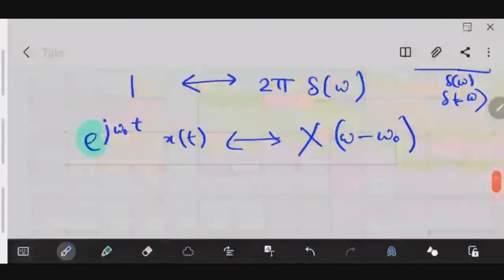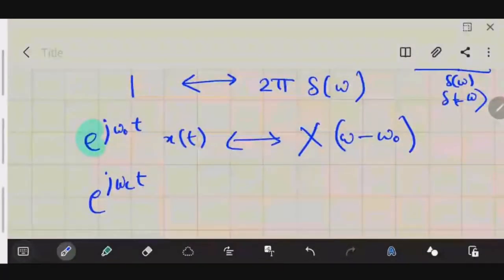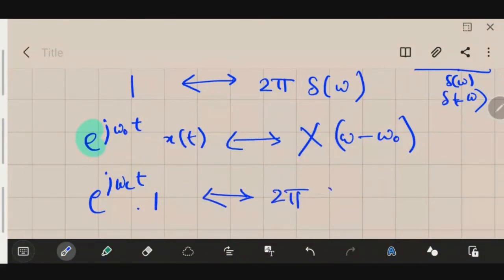So e to the power j omega ct multiplied with 1 after Fourier transform will be how much? 2 pi times del of, tell me, 2 pi times del of how much? Omega minus omega c, this much.